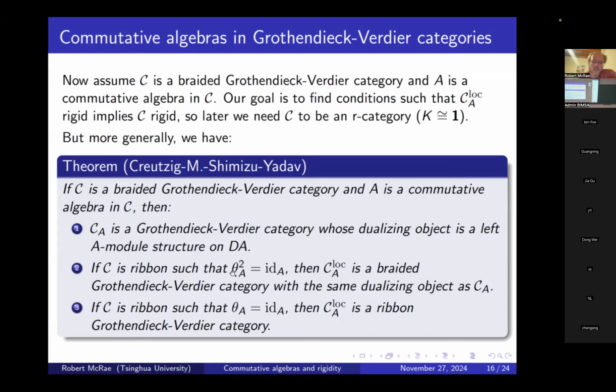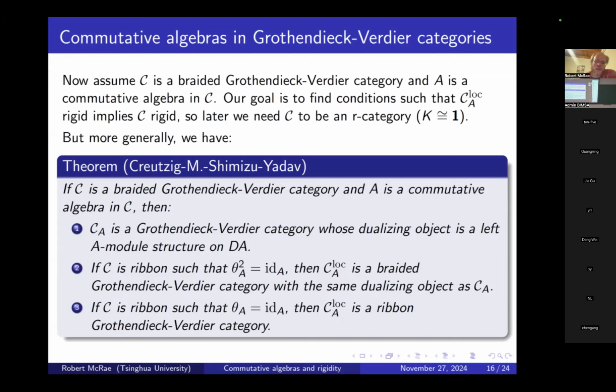The point of this condition is it allows us to show that this object dA is still a local module. In general, dA is an object of CA, and it's not so clear whether it's an object of CA loc. But this condition on the ribbon twist tells us that dA is an object of CA loc. So it's a dualizing object of CA loc.